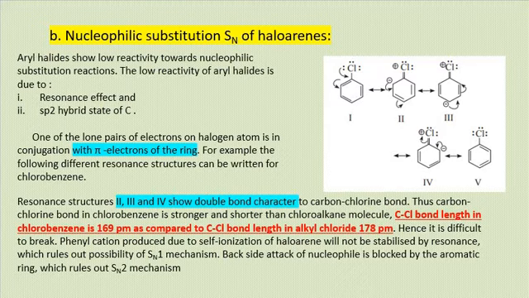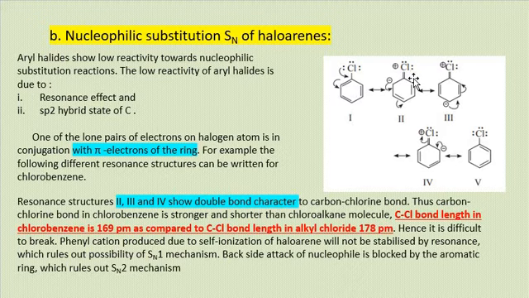One of the lone pairs of electrons on the halogen atom is in conjugation with the pi electrons of the ring. See, this double bond is in conjugation with this pair of electrons of chlorine. It is in conjugation, and there are different resonance structures like second, third, and fourth. Different resonance structures show the double bond character of the chlorine atom bonded with the carbon of the benzene ring.